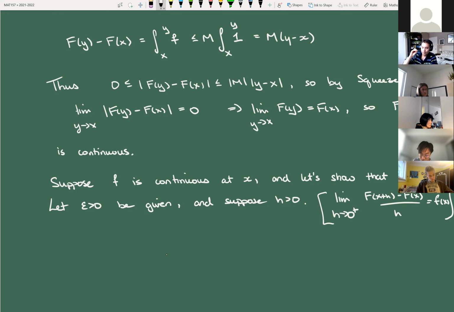So I'm going to have the absolute value of the difference quotient in capital F minus little f, and I'm going to manipulate that thing, okay?